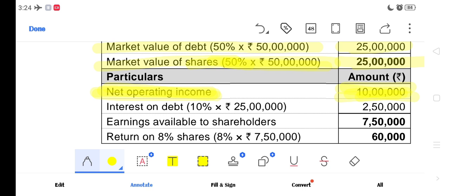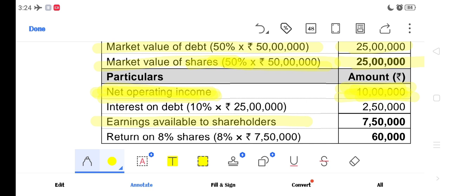So if you deduct the interest, what do we get? Earnings after interest and tax. There is no tax, so these are just earnings available to equity shareholders, because there is no preference here. As there is no preference, all the earnings go to equity shareholders only. So net operating income is 10 lakhs, and after deducting interest you get the earnings available to shareholders.